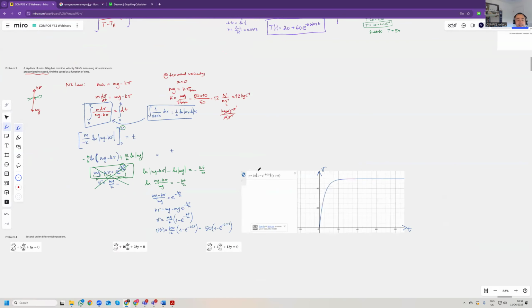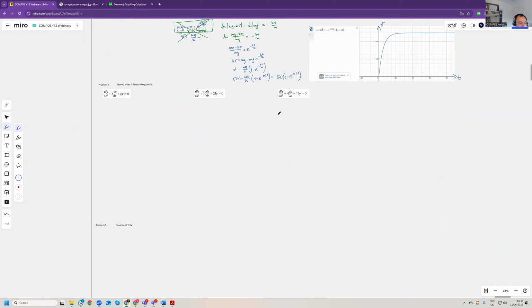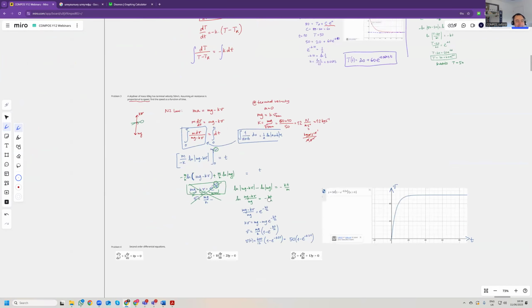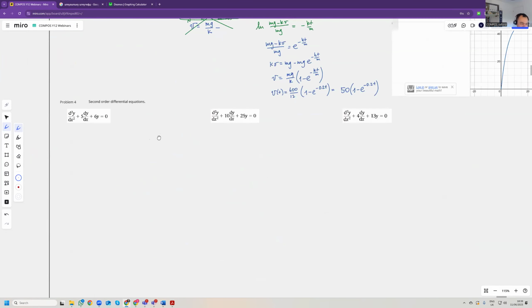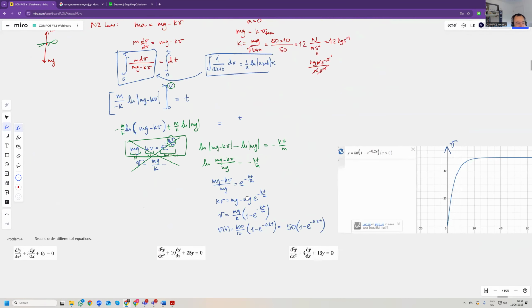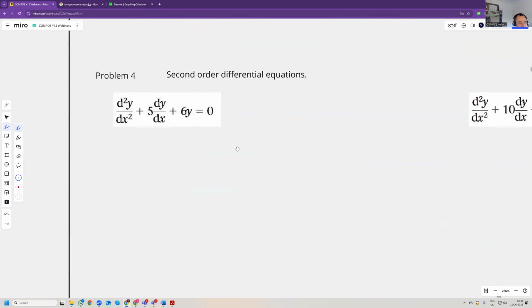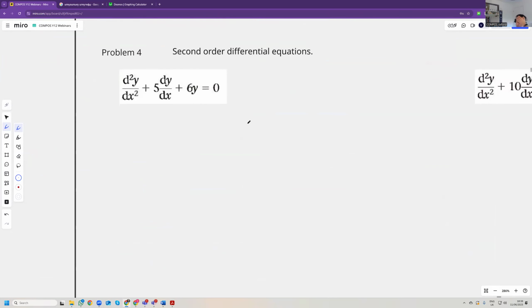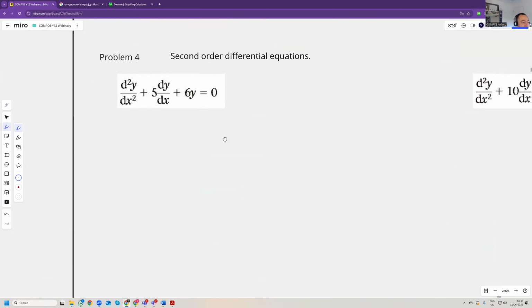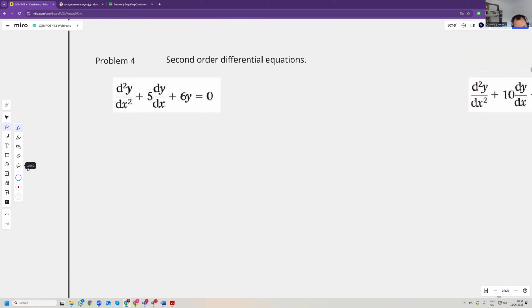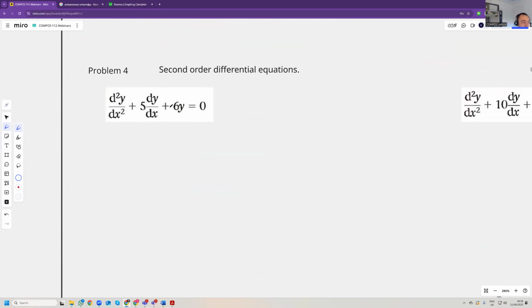Okay. And now we're getting into the wonderful second order differential equations. Now, I'll show you some approaches of solving. So to solve a second order differential equation, have you done second order differential equations?